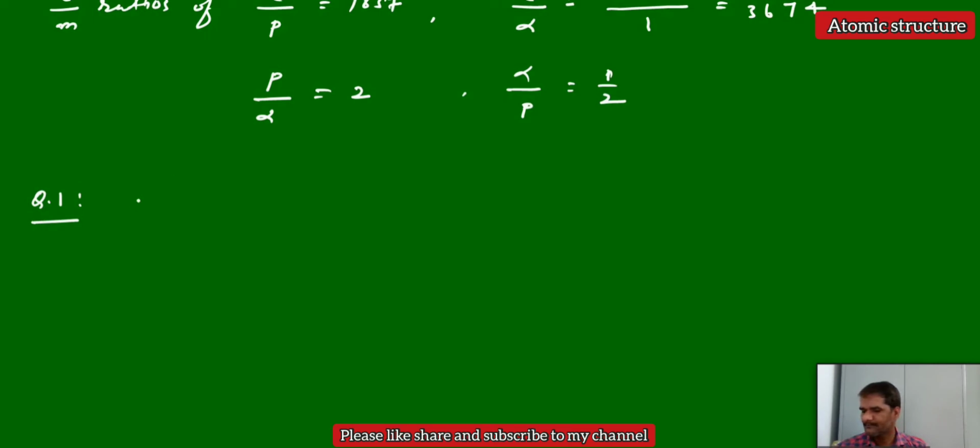Question 1. An oil drop has 8 into 10 power minus 19 coulombs charge.